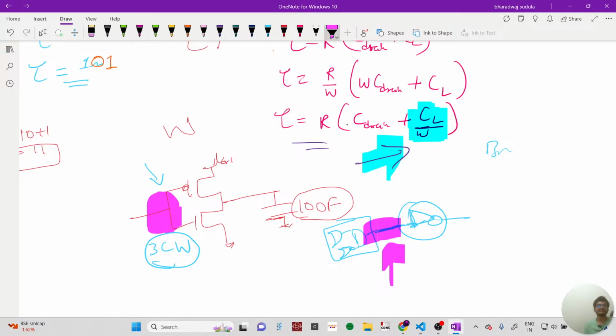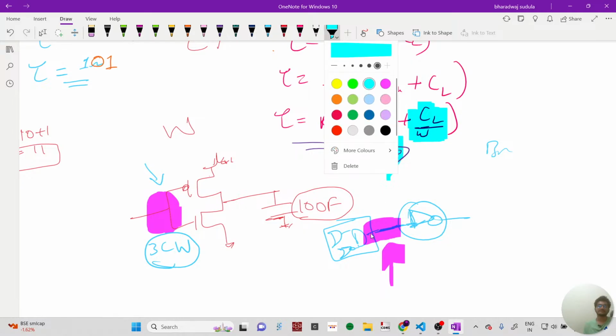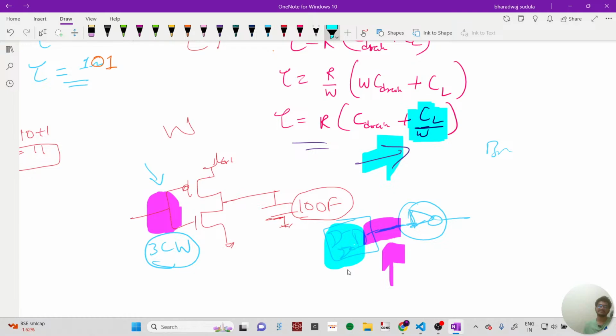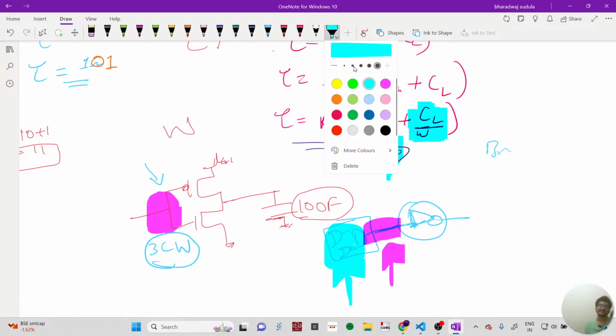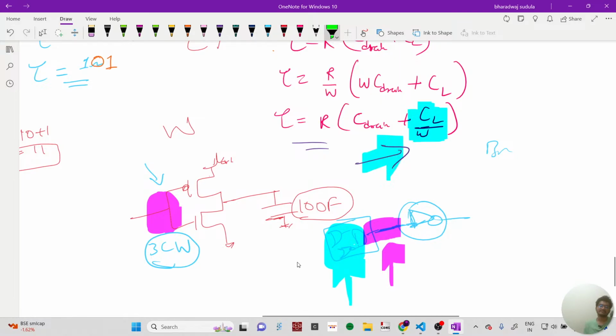So again, we need to size these gates, and sizing of these gates results in the increase of gate cap of these logic gates, and this triggers the need of sizing the logic blocks that are here. So it's a hierarchy thing.